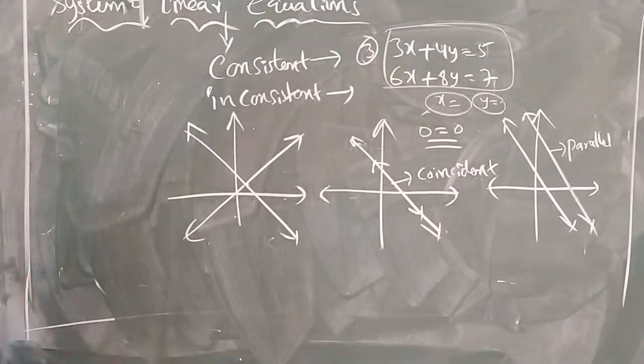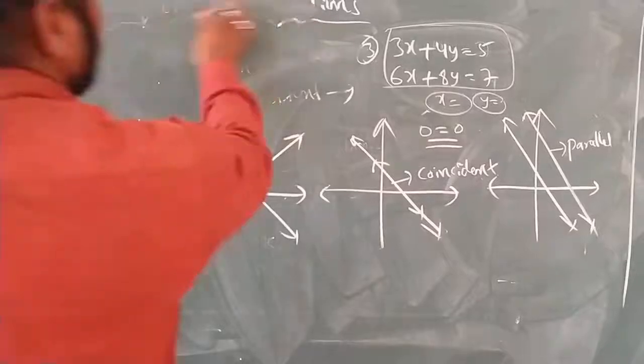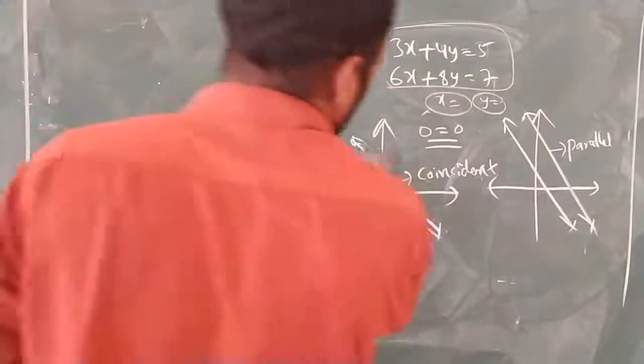So this is about consistent and inconsistent. Next, matrix representation of a system of linear equations.